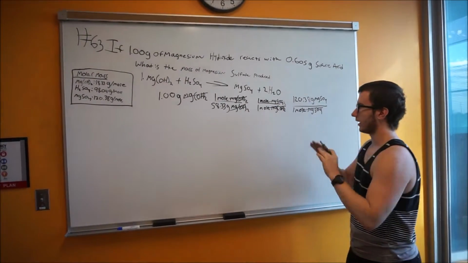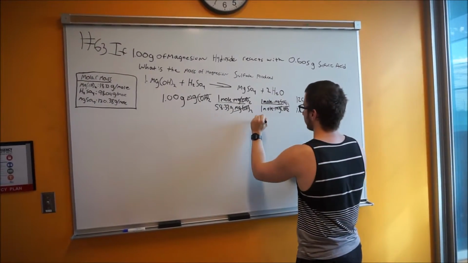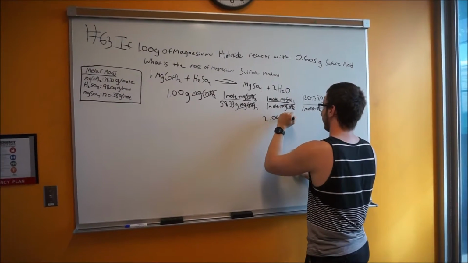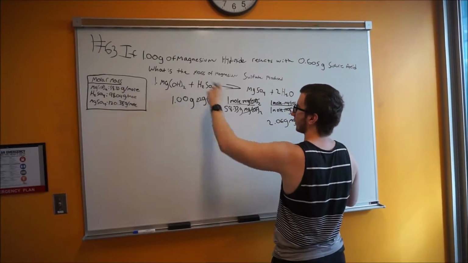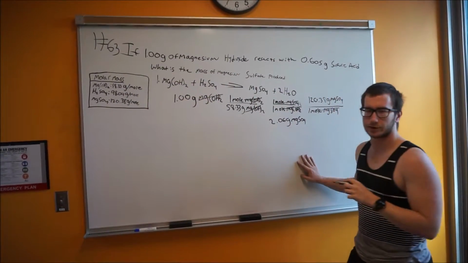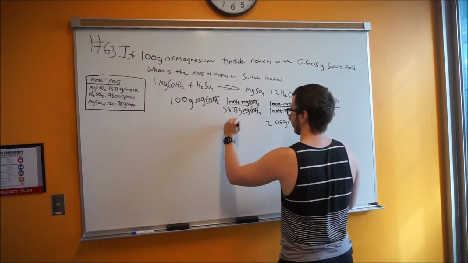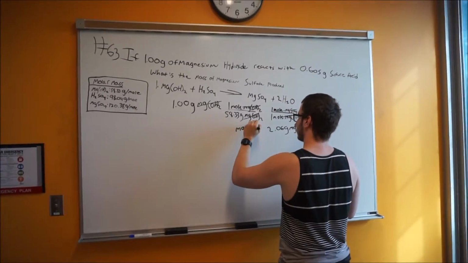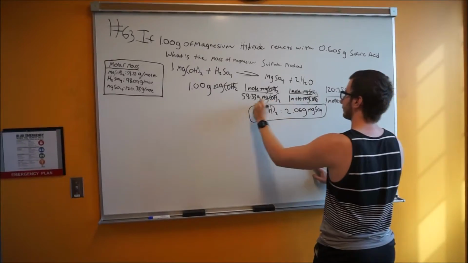After you run this through your calculator, you end up with 2.06 grams of MgSO4. That's what the 1 gram of magnesium hydroxide yields. So that's our first answer there.